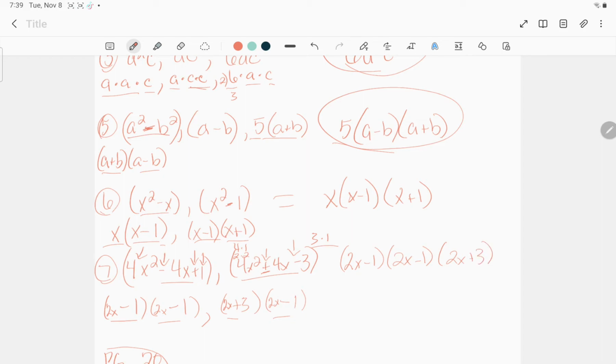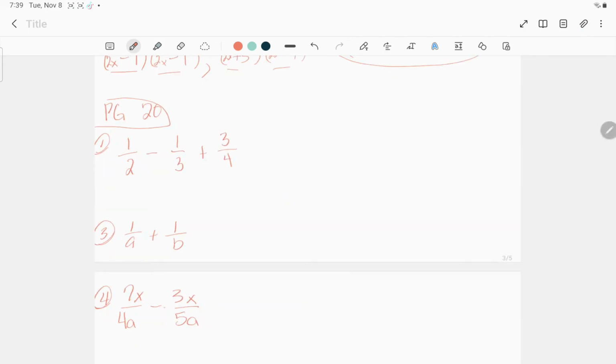You can write it this way, or you can write it this way. Both are the same. Okay. Hope we understand that, because we're going to move on to the next.